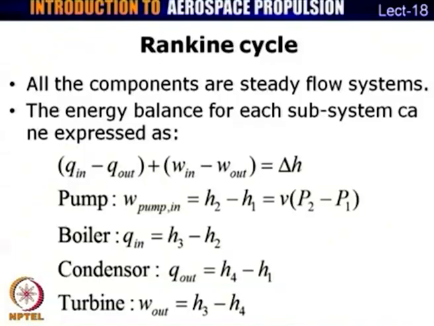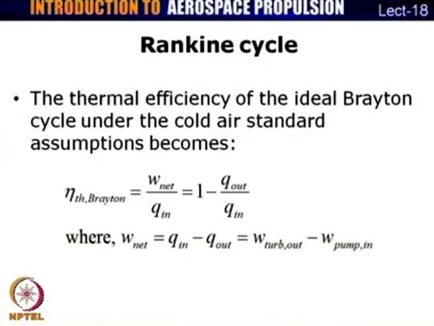Let us say the pump, where we have work required for the pump. Work input is H 2 minus H 1, which is basically V times P 2 minus P 1, and for a boiler there is heat input Q in equal to H 3 minus H 2. Condenser is heat rejection Q out, which is H 4 minus H 1. The turbine is work output H 3 minus H 4.